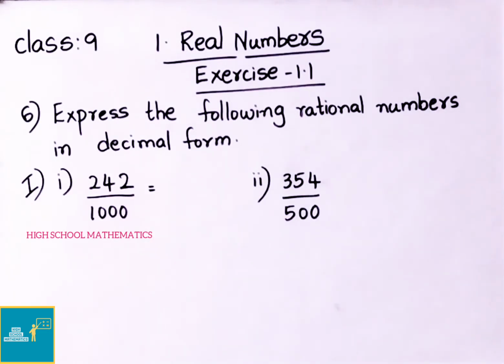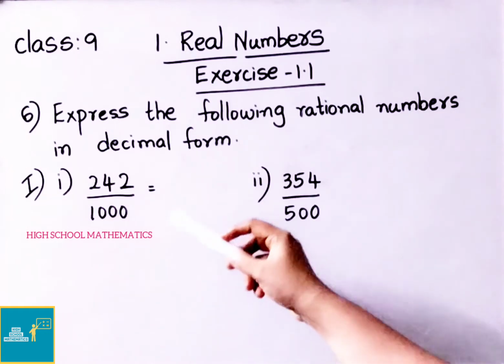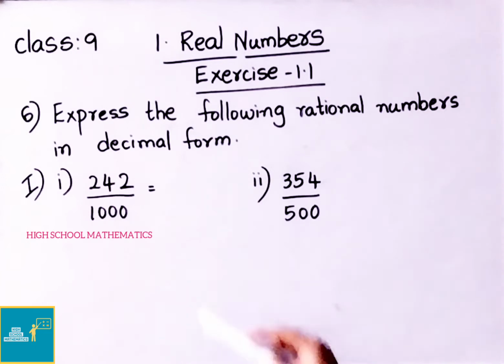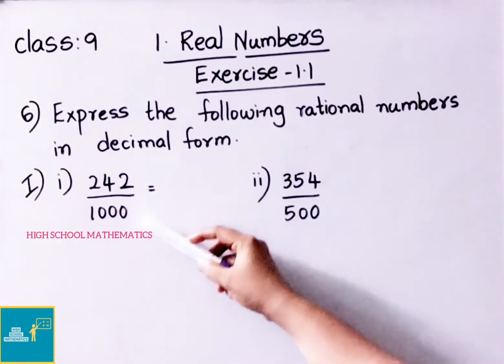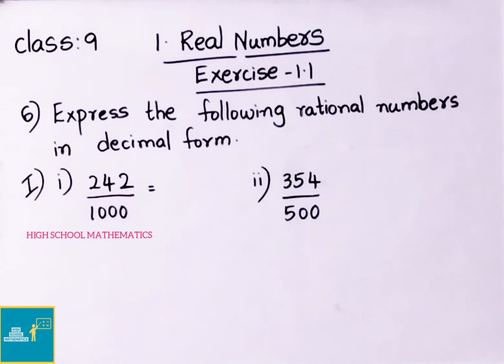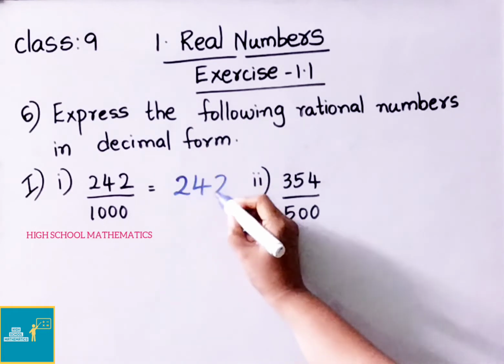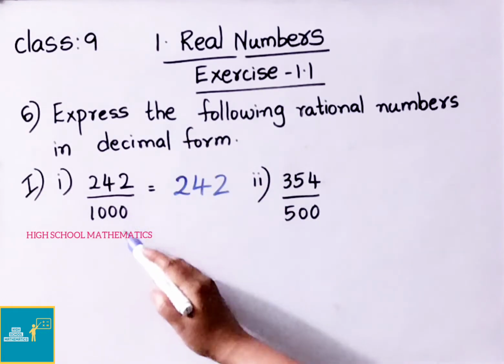Whenever we have to convert any rational number to decimal form, the denominator must be either 10, 100, 1000 or 10,000. So in this question, 242 by 1000 is present. So how do we convert this to decimal form? Write down the numerator 242, divided by 1000.